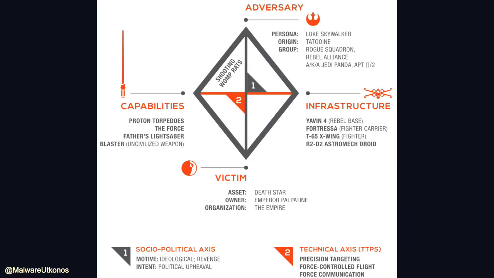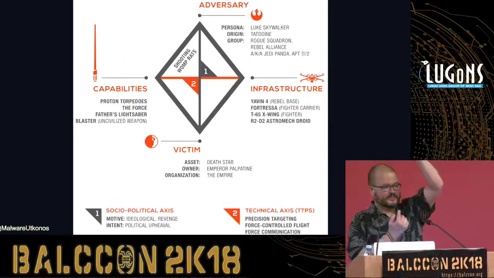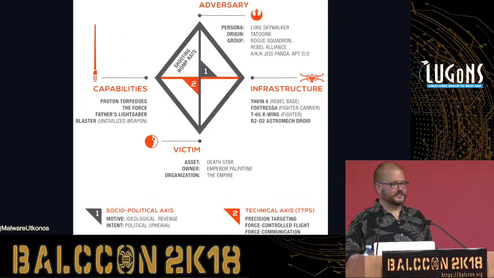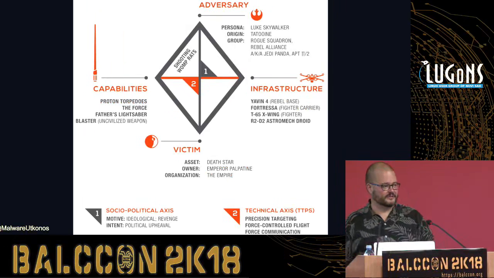And the diamond model actually gives you two axes, and this is where things get fairly interesting. The technical axis is where the capabilities communicate with the infrastructure, and the socio-political axis answers the question, why did this adversary attack this particular victim?